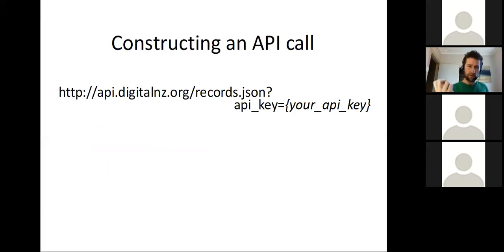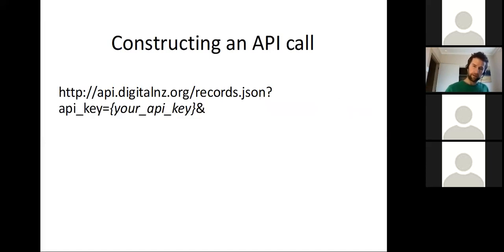For working with our API, and most APIs, you often need a key to identify yourself and enable us to manage access control and monitor some things behind the scenes. So that's a compulsory field on the API call.